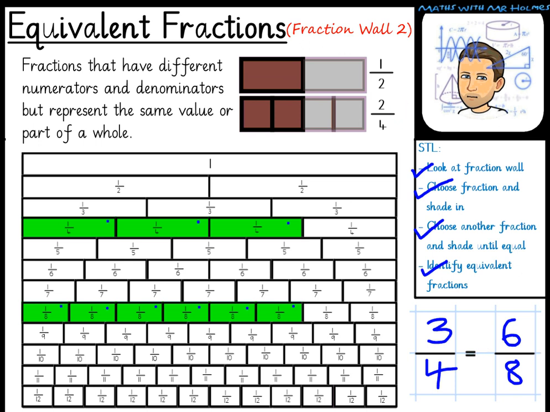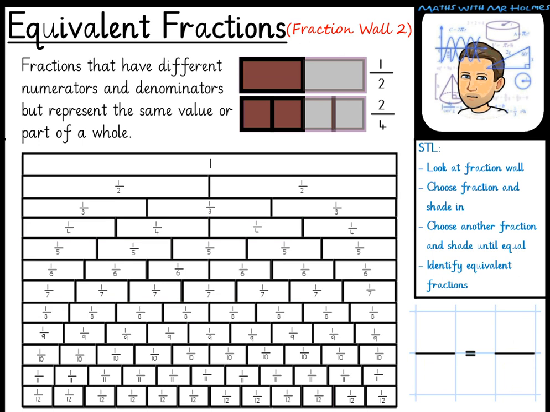Okay, let's have a look at another one. We'll follow our steps, we'll look at our fraction wall. Next, we'll choose a fraction and shade it in. This time I think I'm going to have a look at 5ths.